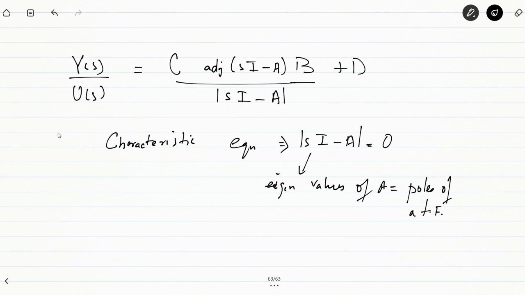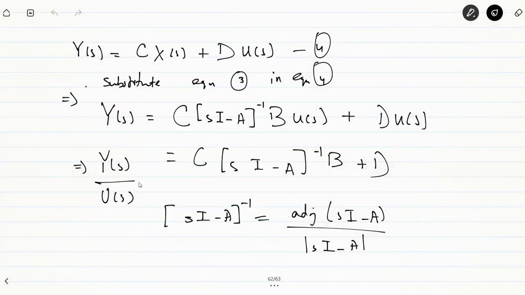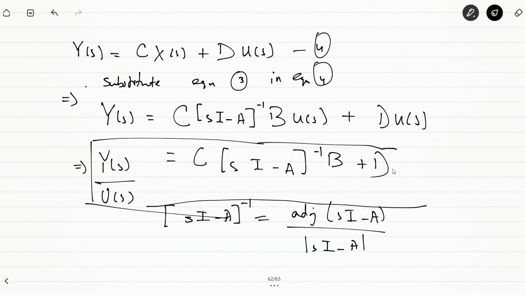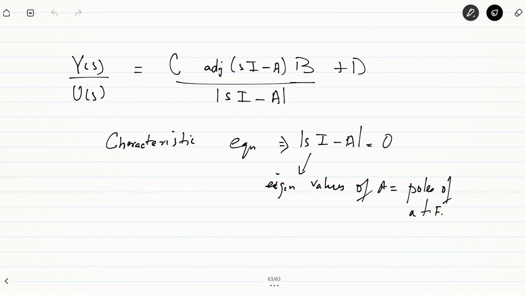So this is how we derive the transfer function from a state space model by using this equation, Y(s), or you can simply write G(s), is equal to C (sI minus A) inverse B plus D. This is your equation. Using this equation, we can derive the transfer function of any system whose state space model is given. So we'll be doing an example.